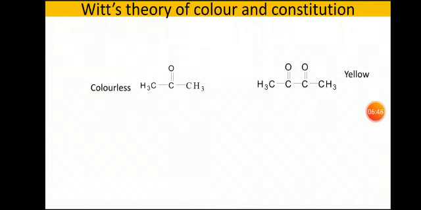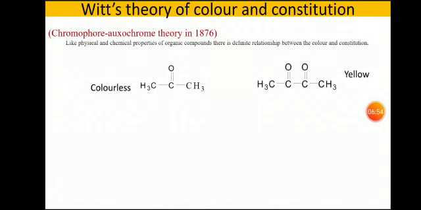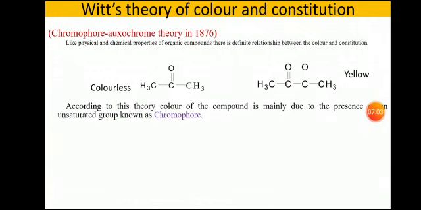Acetone is colorless but diacetone is yellow. So scientist Witt states that as the physical and chemical properties of a compound depend upon the constitution, the structure of the compound, similarly the color of a compound is also related to its structure.